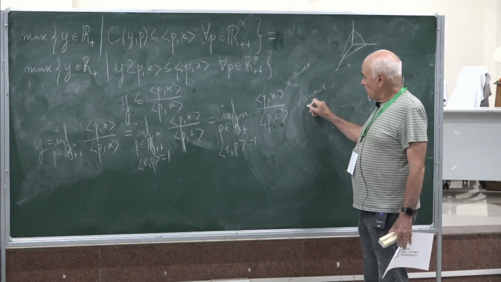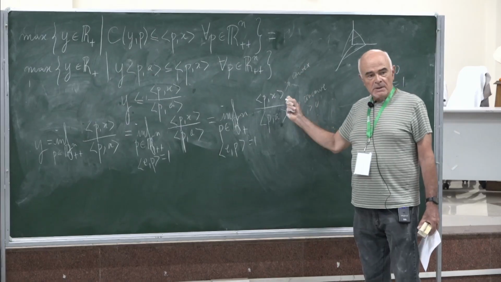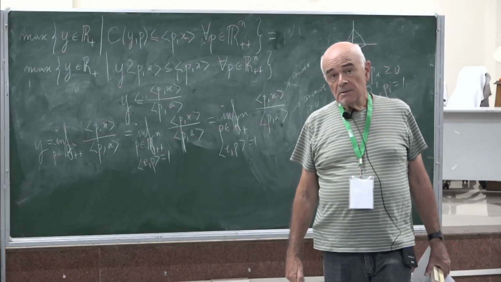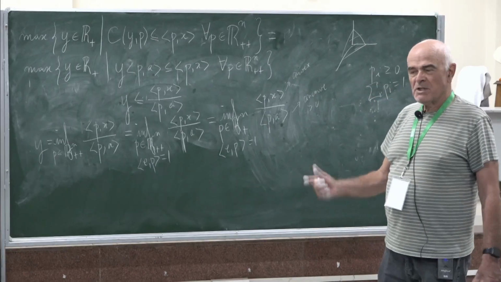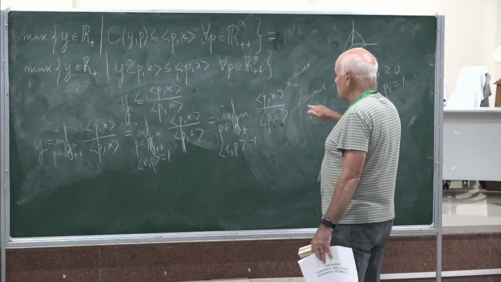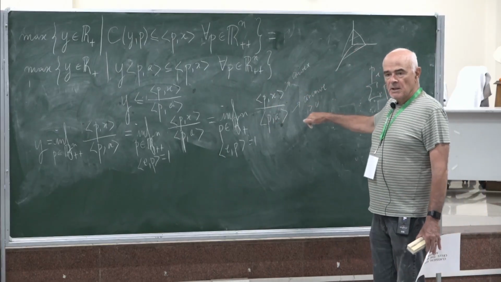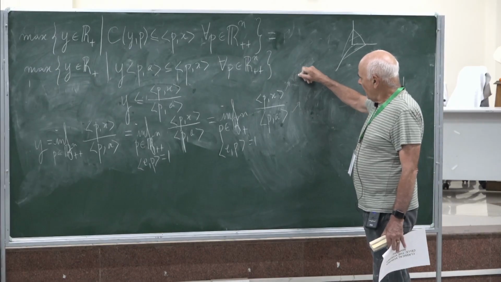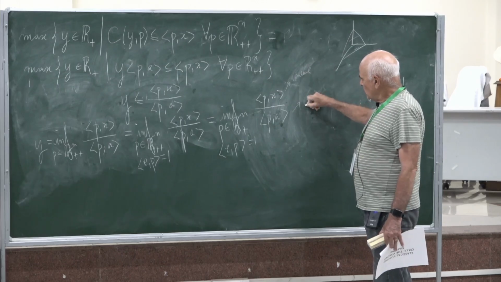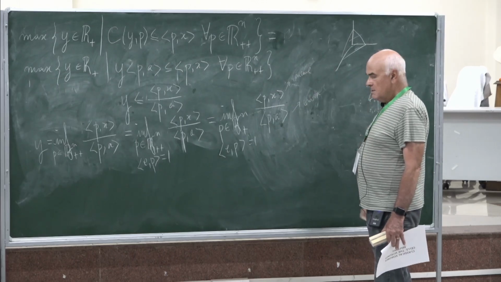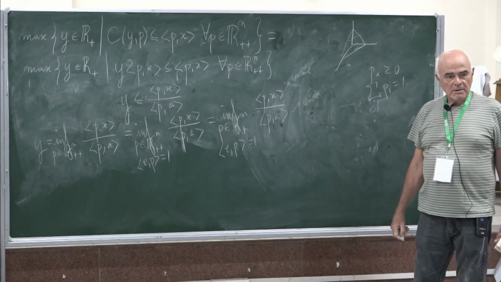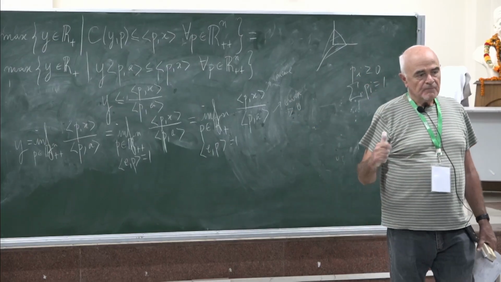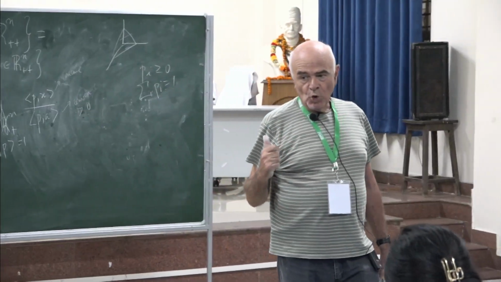Concave and positive, of course. So convex over concave, we prove that this is quasi-convex. I don't like this. So instead of looking at this as convex and the other as concave, I look at this as concave and this one as convex. This is the right way of looking at it. Then this function is quasi-concave.